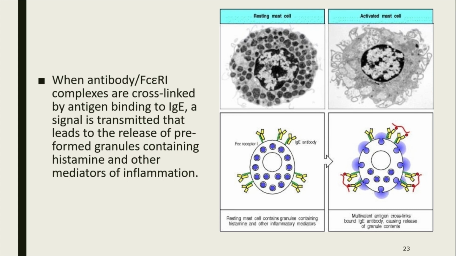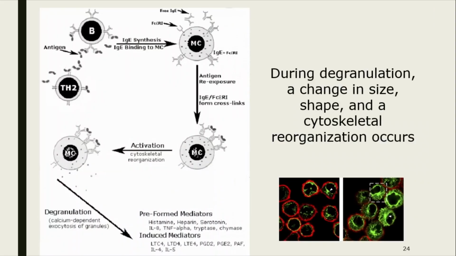Now, when the antigens are encountered by these primed mast cells, cross-linking between these antigens and the IgE will transmit signals that lead to release of preformed granules. Preformed granules contain histamine and other mediators of inflammation. Okay, it all comes out.